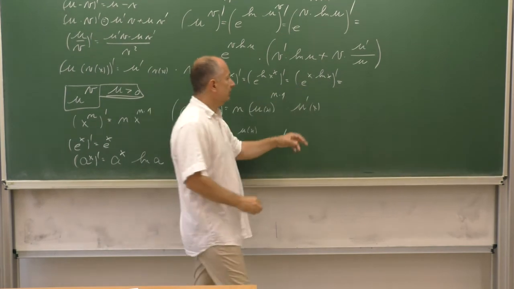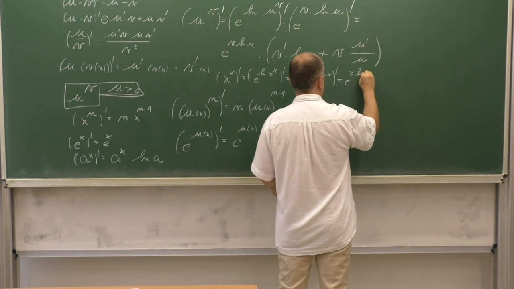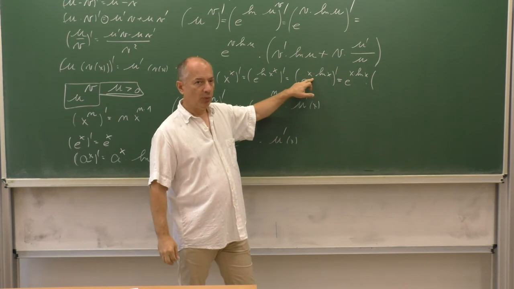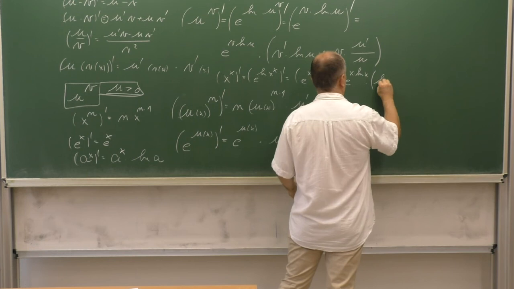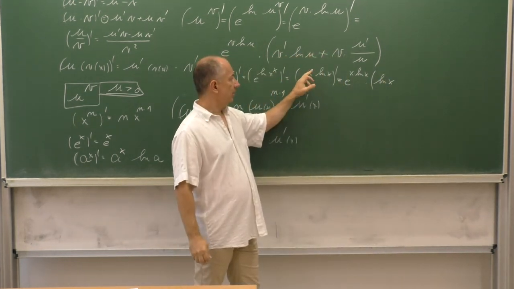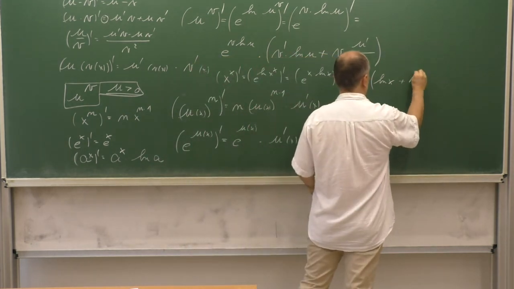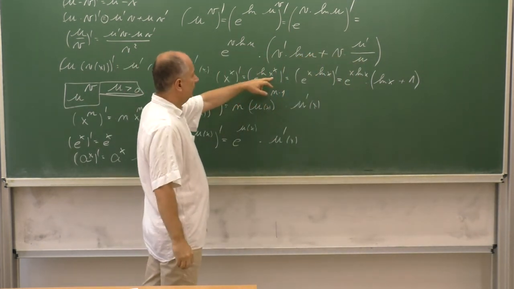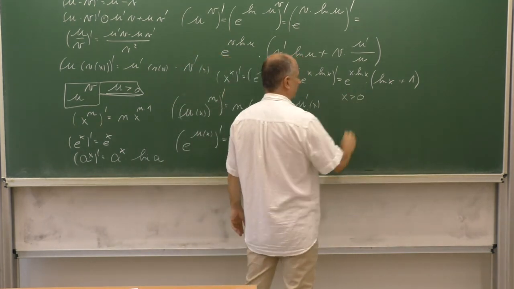And now the derivative of the exponential function is the function itself, e to x times logarithm of x times the derivative of the inner function, which is the exponent. This is the product. Derivative of x is 1 times logarithm of x plus x times 1 over x, which is 1. And we are done. And for this to make sense, the condition is x must be positive.